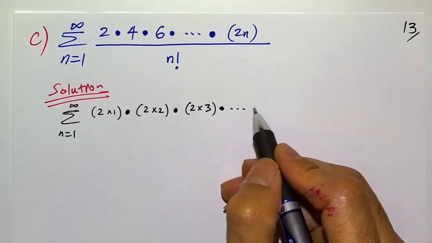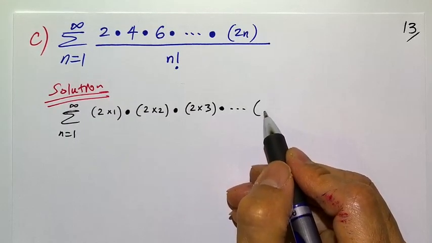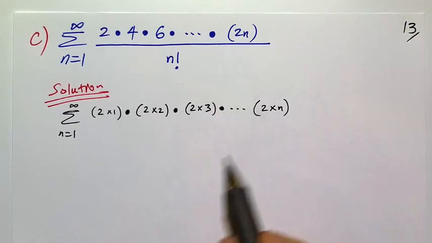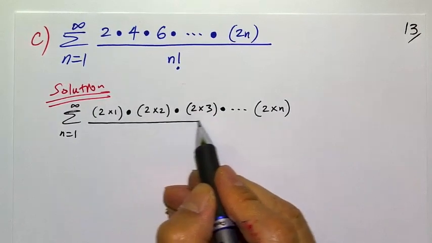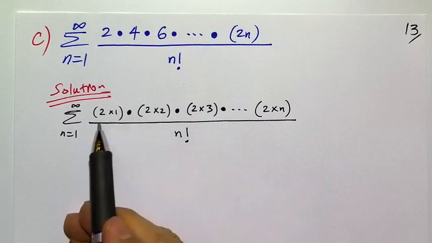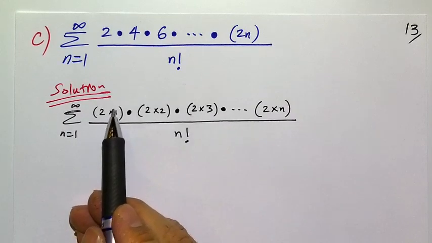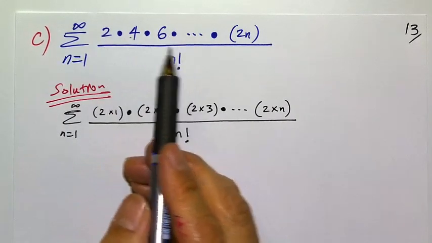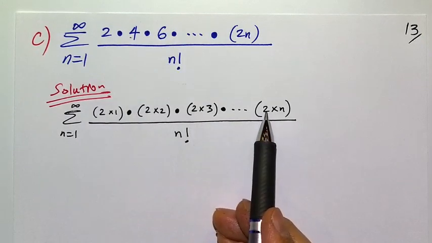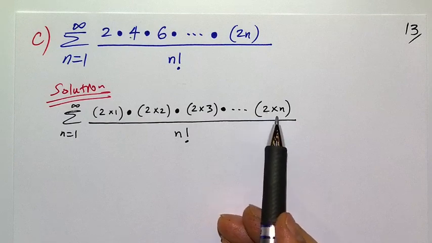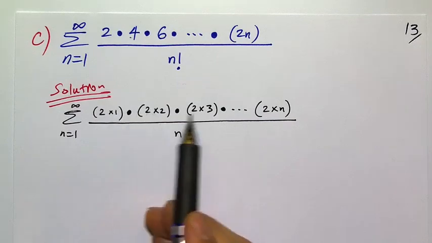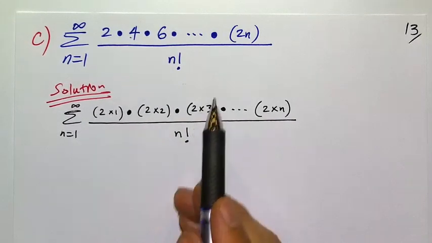And we get 2 times n, right? 2n is 2 times n divided by n factorial. Now, if you take a careful look at these, in each term you have a 2, all the way to the one that multiplies itself by n. So we can write these 2's in more compact form as 2 to the n power.